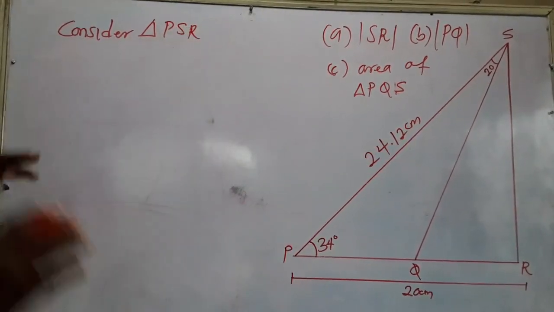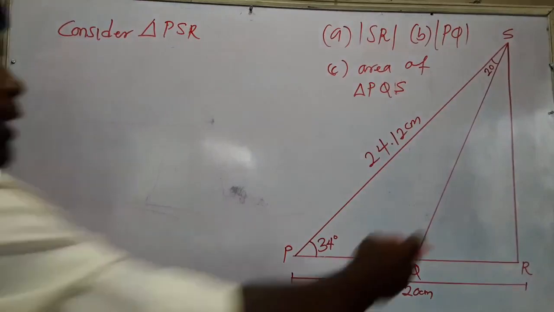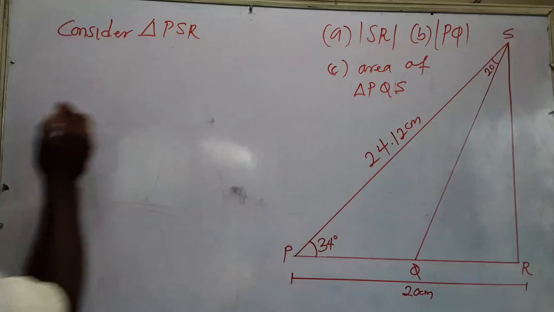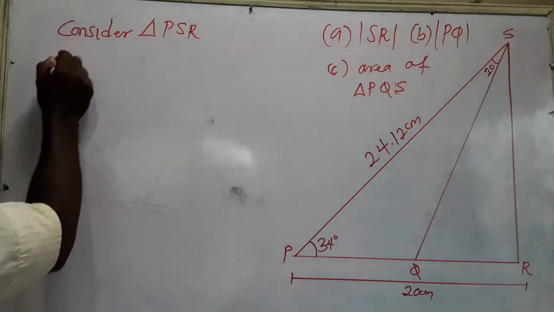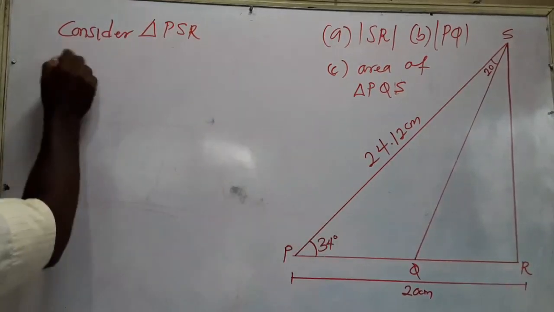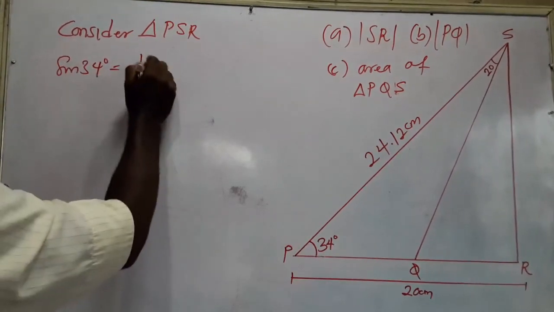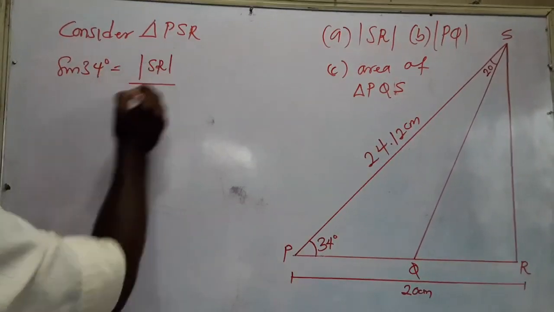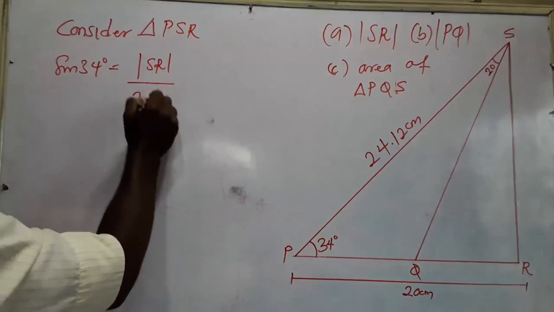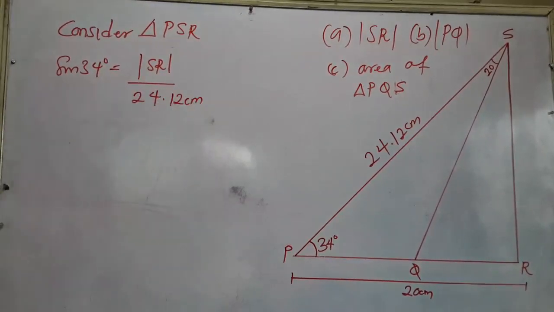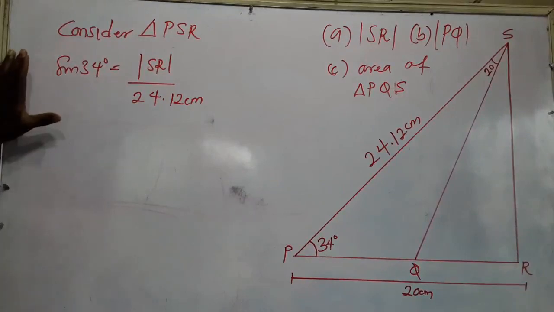We represent this one by XR, and we have been given 20. So we have sine 34 degrees gives us line XR over 24.12 centimeters. So this is how this will be.